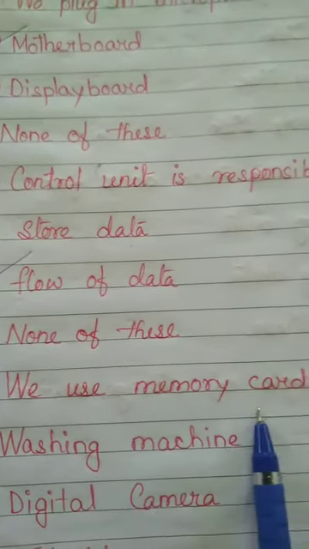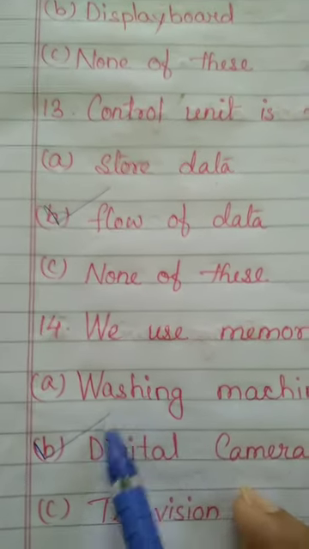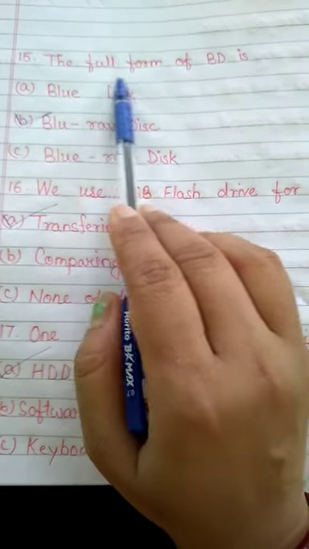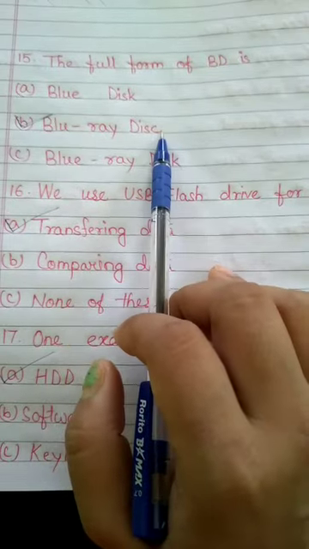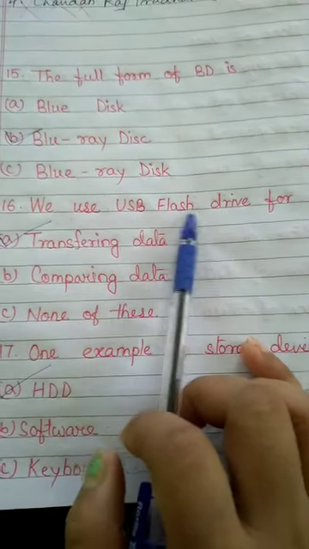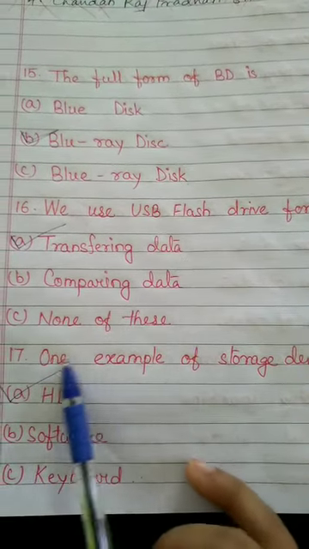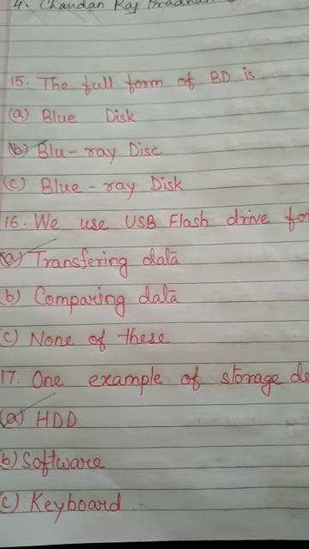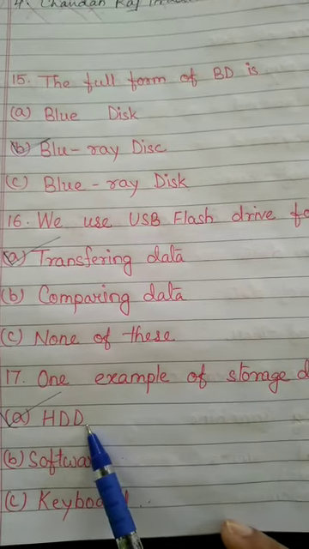We use memory card in digital camera. Question number 15. The full form of BD is Blu-ray disc. Question number 16. We use USB flash drive for transferring data. Question number 17. One example of storage device is HDD, hard disk drive.